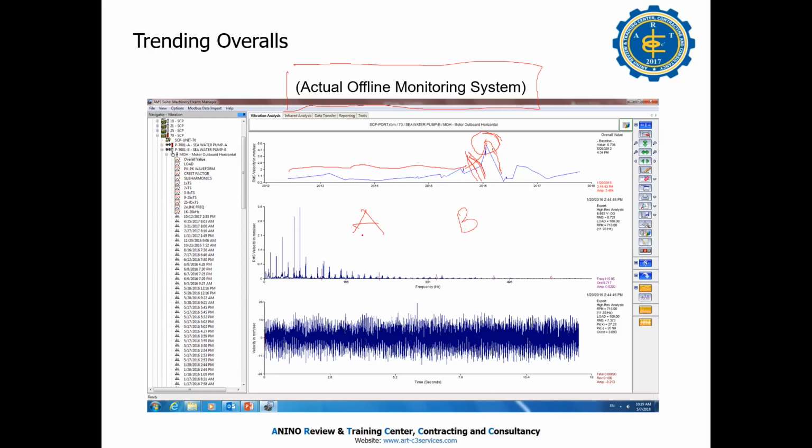When we get the reading, maybe it's only 3 velocity overall.